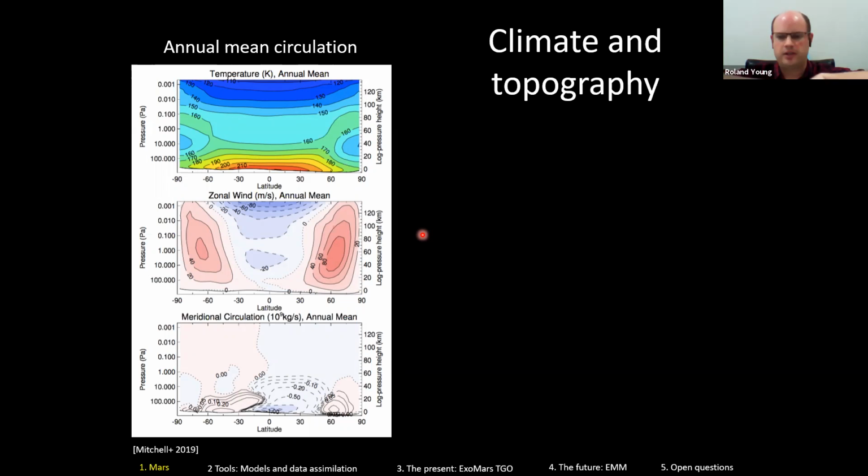And this drives the circulation. It looks like this, with rising air near the equator and falling air near the poles. And on average, if you study the equations, this leads to two jet streams, one in the middle latitudes of the northern hemisphere and one in the middle latitudes of the southern hemisphere.